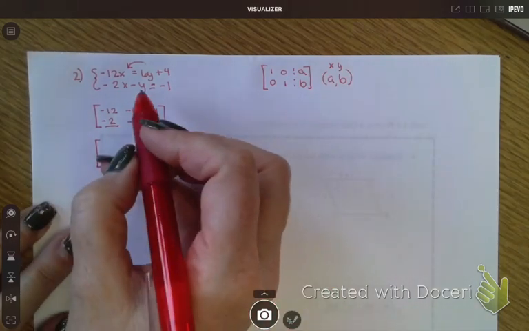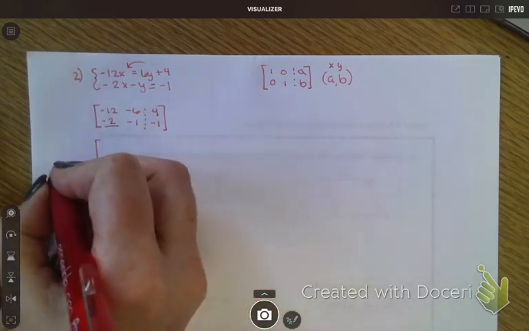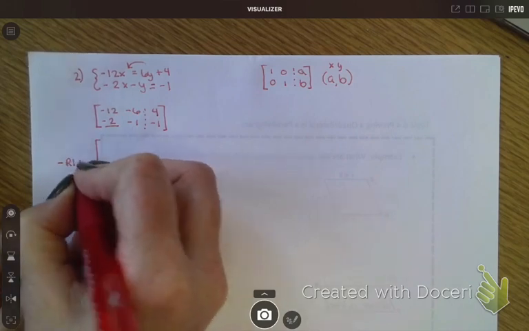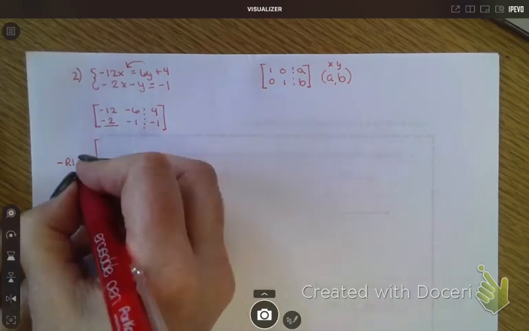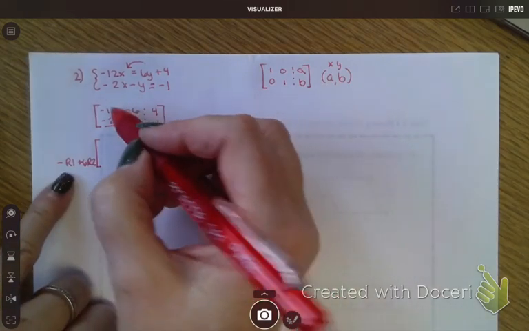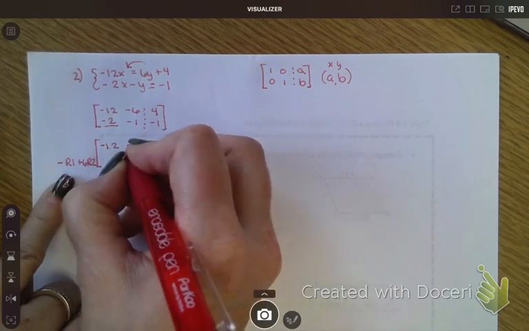So I'm going to have to take, see, one's negative, one's positive, so row 1 is going to have to be a negative R1, and then plus, to get 2 to be 12, would be 6R2. So that would be positive 12, negative 12. Oh, I'm going to rewrite row 1 since I'm not changing it.